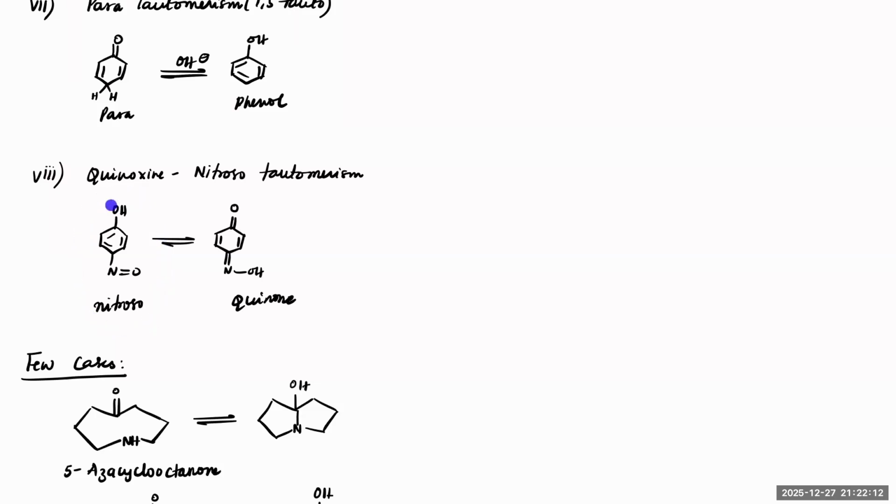If I make this hydrogen move all the way here, the double bonds moving from here to here, that will become quinone. Okay, quinoxime, sorry. Let me write it correctly. This is called quinoxime. So it is nitroso-quinoxime tautomerism.